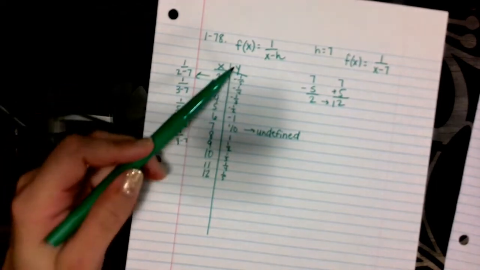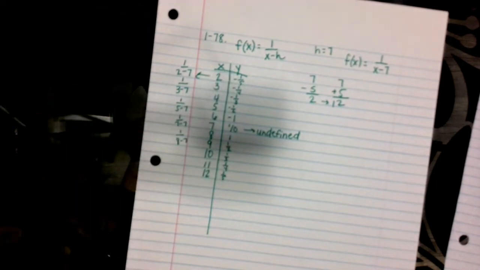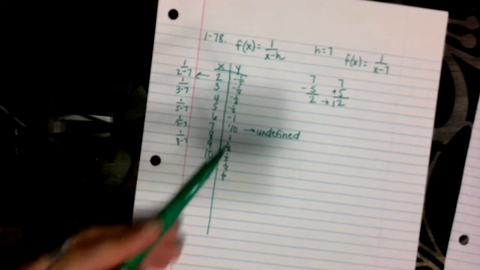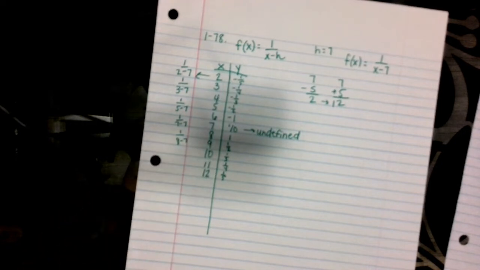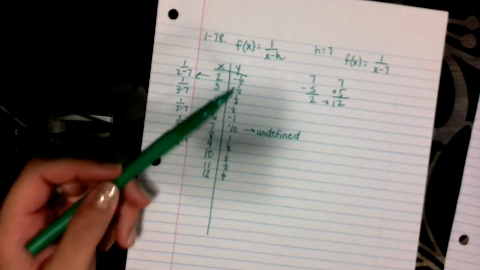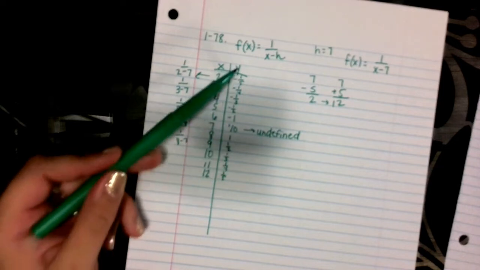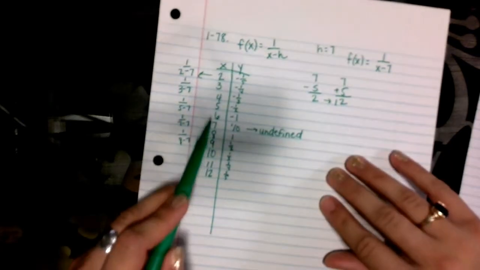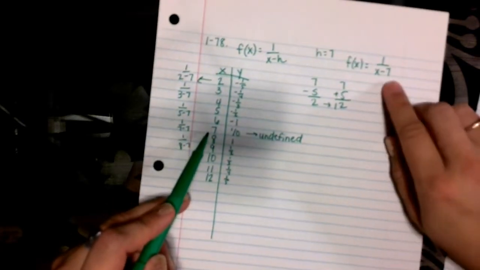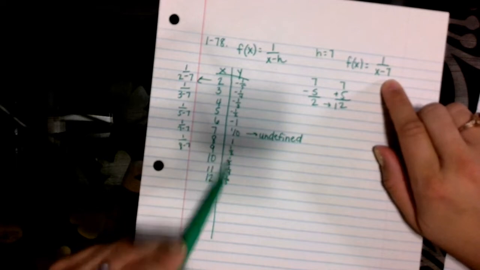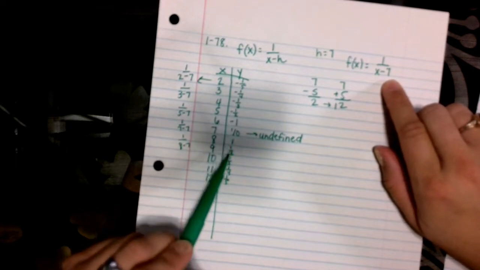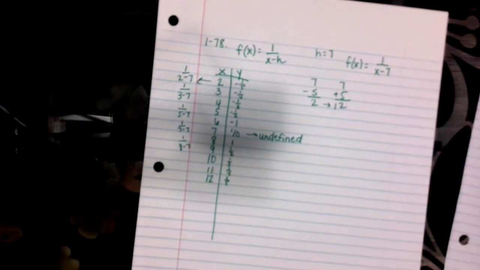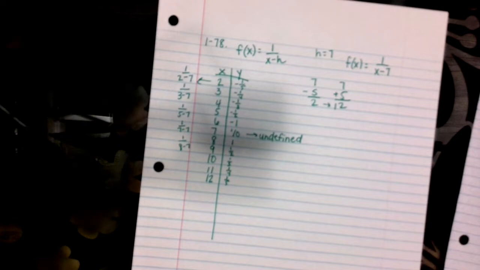If we take a look, do you notice anything about our y values? I noticed that we have a lot of fractions for both parts, which is okay. We can graph fractions. We'll just have to estimate. I also noticed that on the different sides of our 7, they mirror each other, right? So it's like we had a negative and a positive, a negative and a positive. So that will be interesting to see how it looks when we graph this thing.